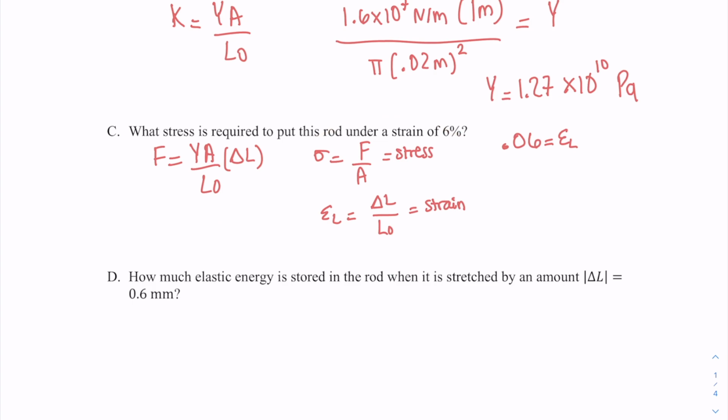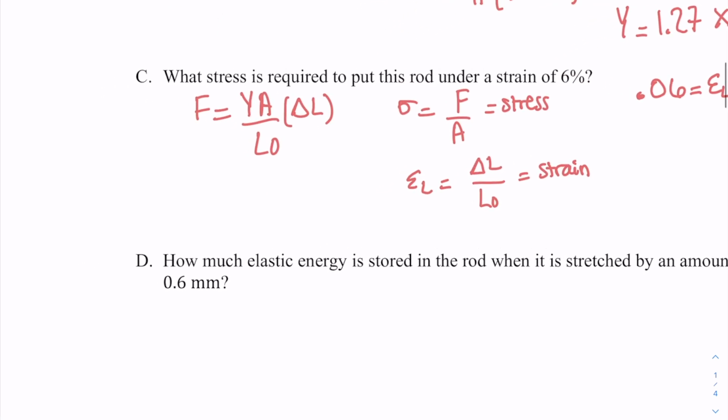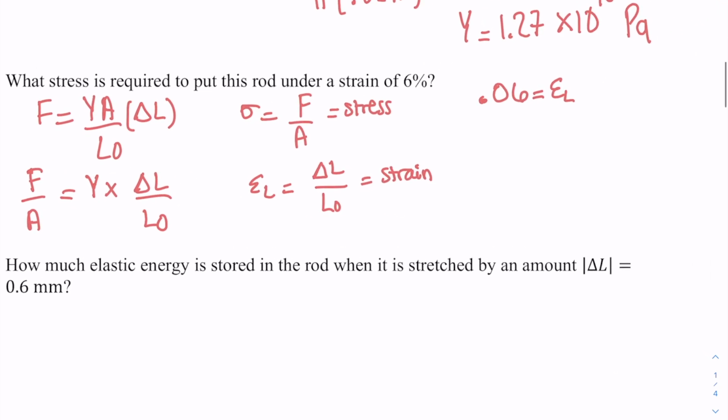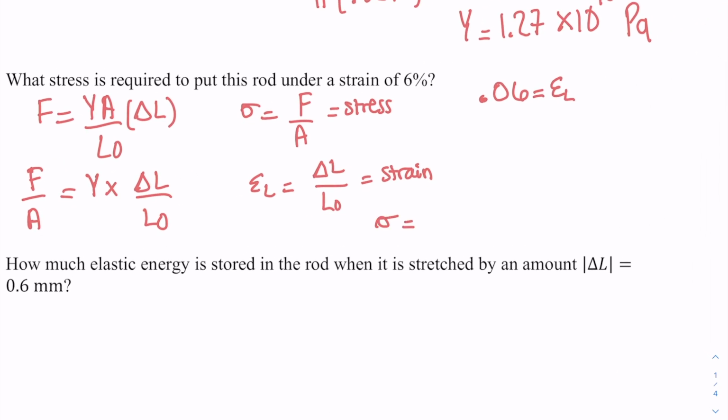If we divide over the area, we get F over A. That's our stress component, and that's going to equal Y times our length compressed over the original length of the rod. This is our strain. So you can say then that the stress is equal to Young's modulus times the strain that you observe.